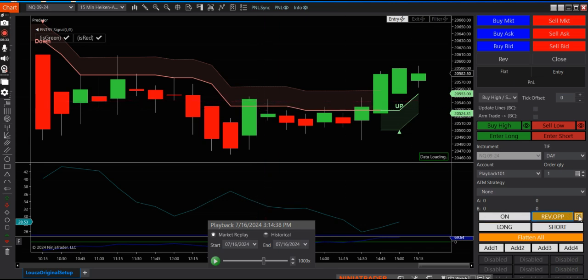I'm not sure, but if I turn this off, I guess it won't take that trade. So reversal just means that if I go into a trade and it detects a reversal candle, then it'll exit.